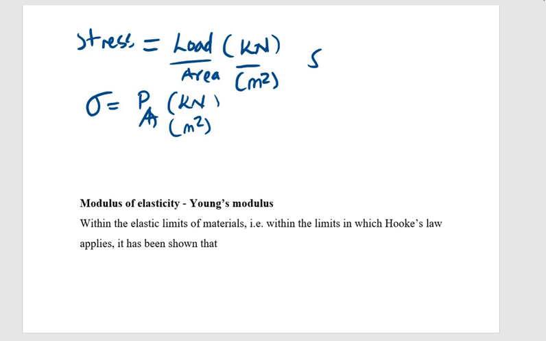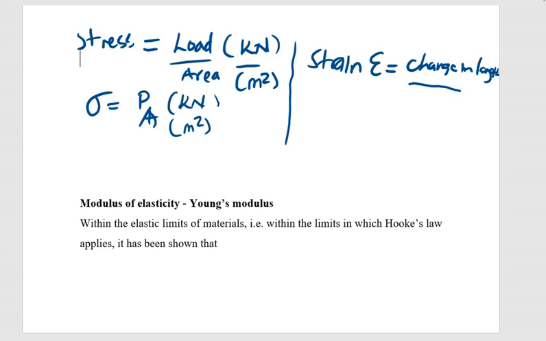How about strain? We also talked about strain given by this symbol, and we said it is equal to the change in length divided by the original length of the object.